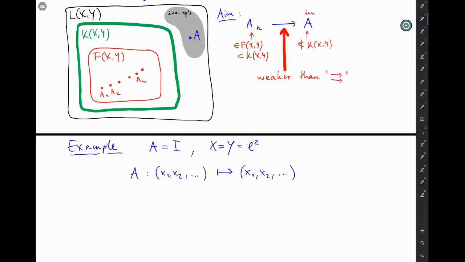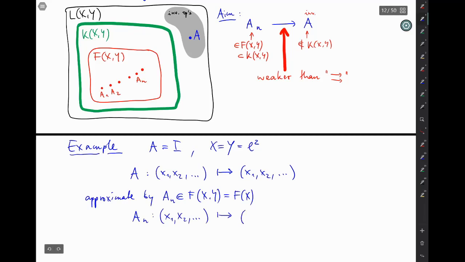Okay, and now you want to approximate this action by an operator An that is finite rank. So again, An would take the whole sequence and then produce something finite dimensional. So why not truncate our sequence after just finitely many entries?